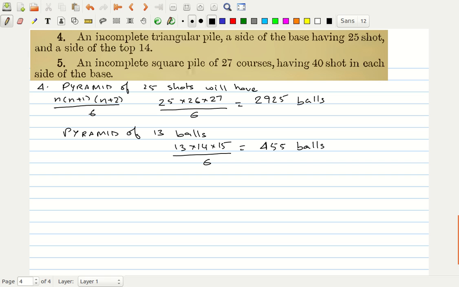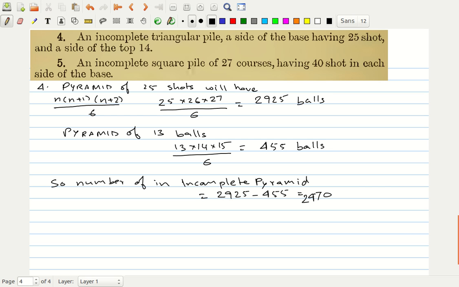So how many balls will be in this incomplete pyramid? So number of balls in incomplete pyramids is equal to 2925 minus 455, and this will come as 5 minus 5 is 0, 12 minus 5 is 7, so 8 minus 4 is 4, and 2.